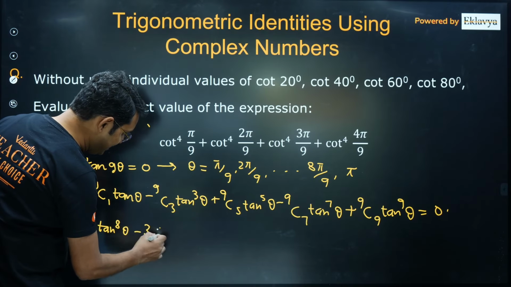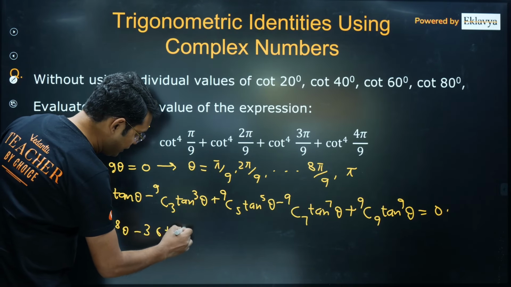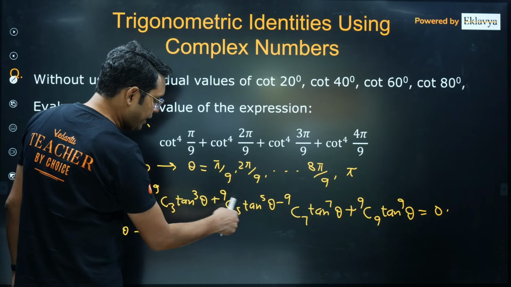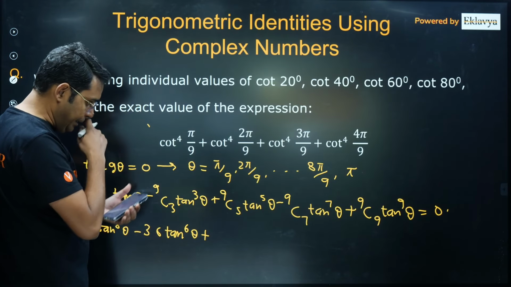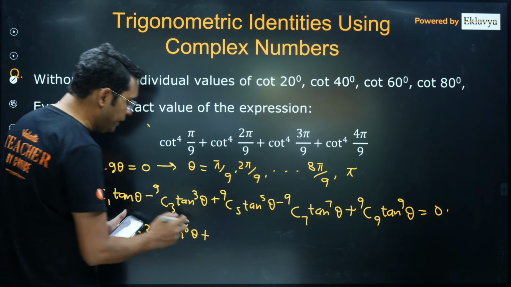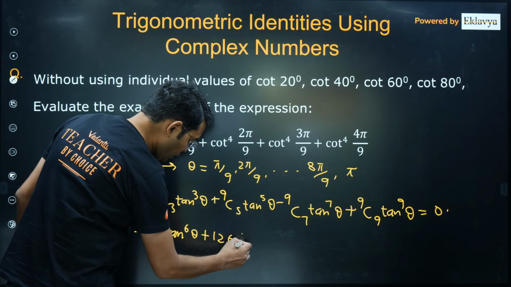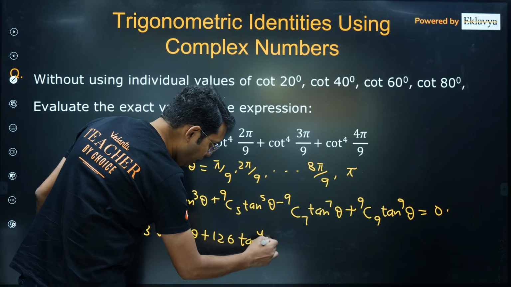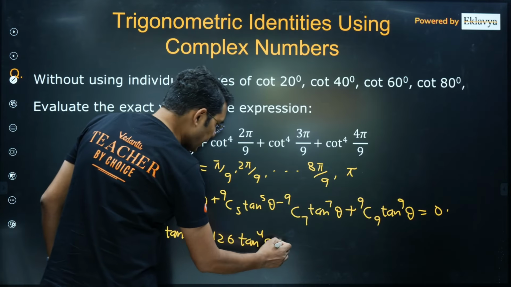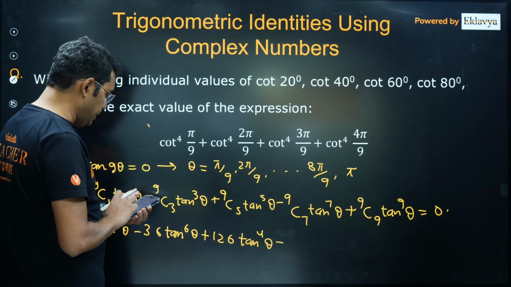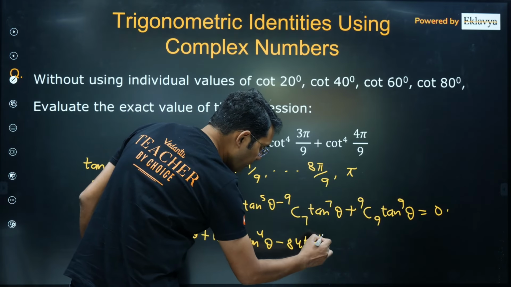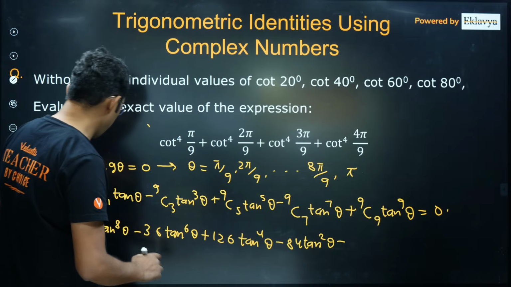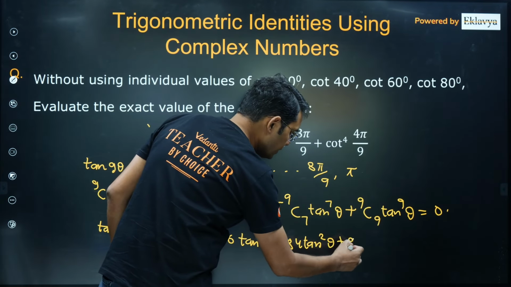So 36 tan raised to the power 6 theta. Then it will be 9c5. The 9c5 value is, I think, 126. So this will be 126 tan 4 theta, and then minus 9c3. 9c3 is, I think, 84. So 84 tan square theta, and plus 9 is equal to 0.